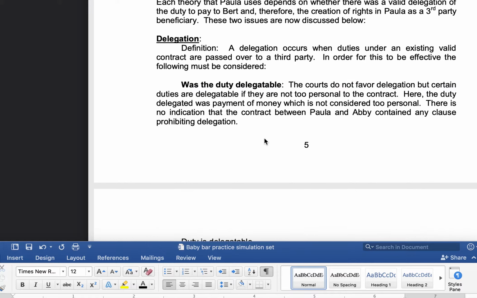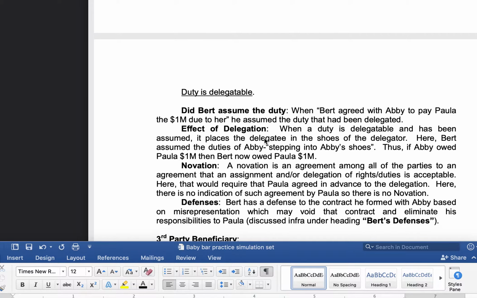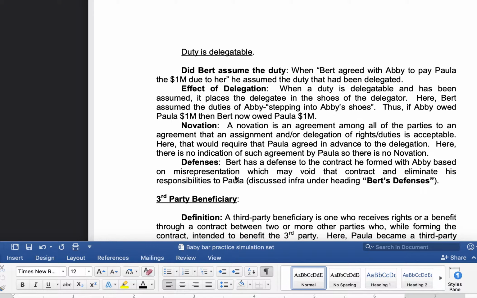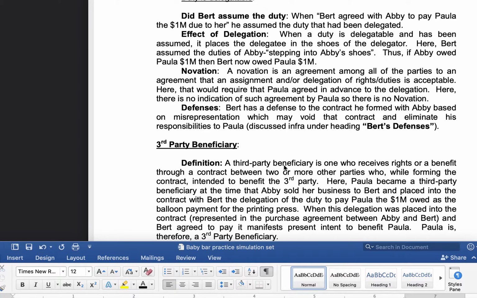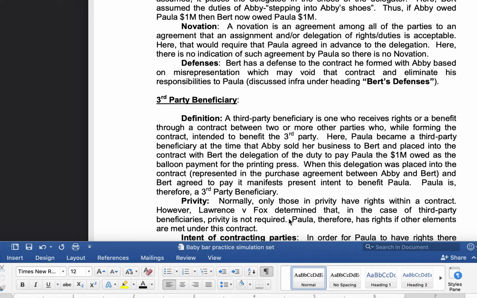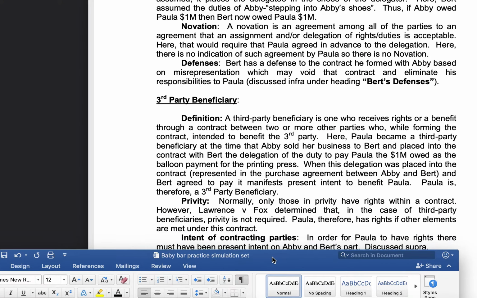Really, I think what the examiner wants, it was a delegated duty, but these are delegation of a duty, novation, defenses. I like this other guy, or girl, just getting to the assignment.